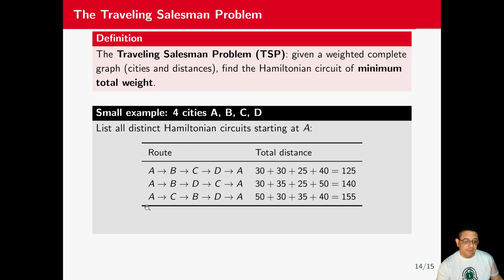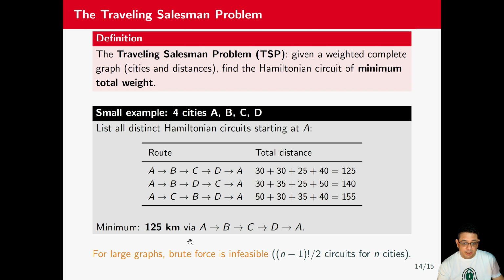And then let's consider another route where I go from A to C, from C to B, B to D, and D to A, where the distance from A to C is 50, from C to B is 30, from B to D is 35, and from D to A is 40. Notice that that's going to give me a distance of 155. Now, the minimum of all these routes is going to be the 125 initial route. So that'll be the best possible that we can get.